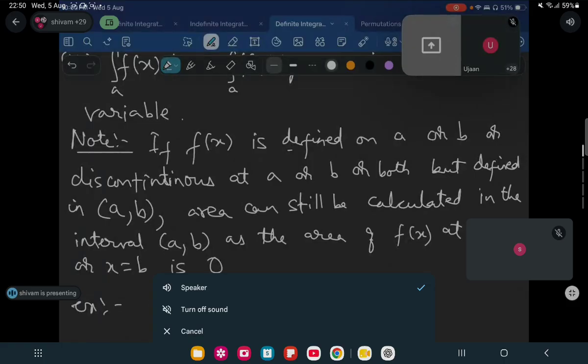Okay, like for example, let us talk about f of x equal to box of x.